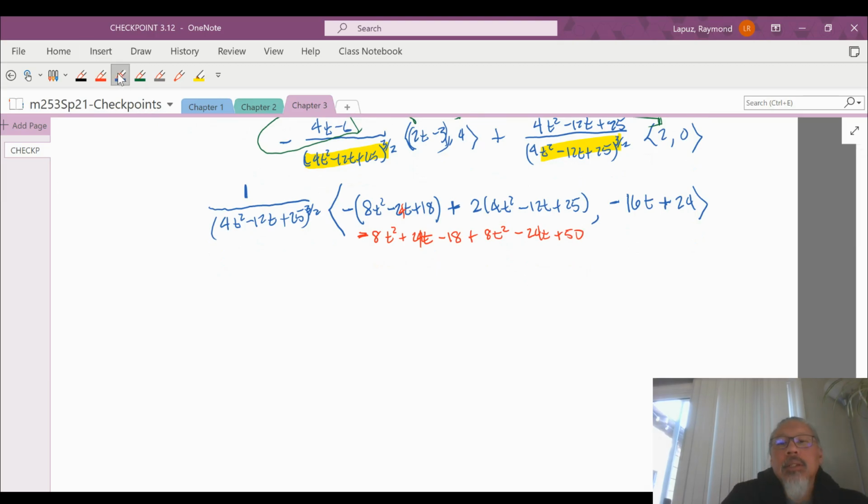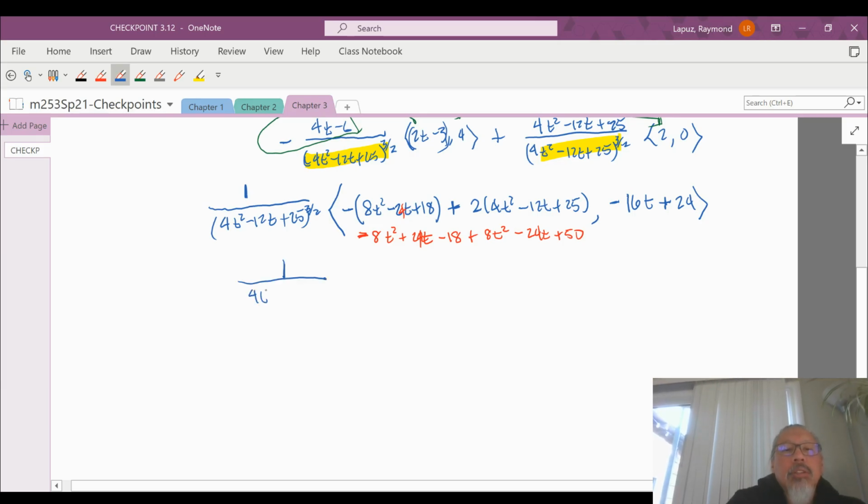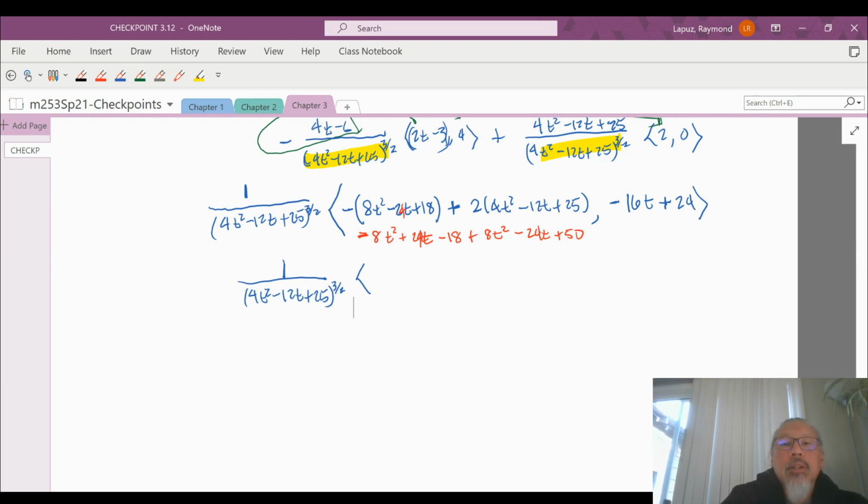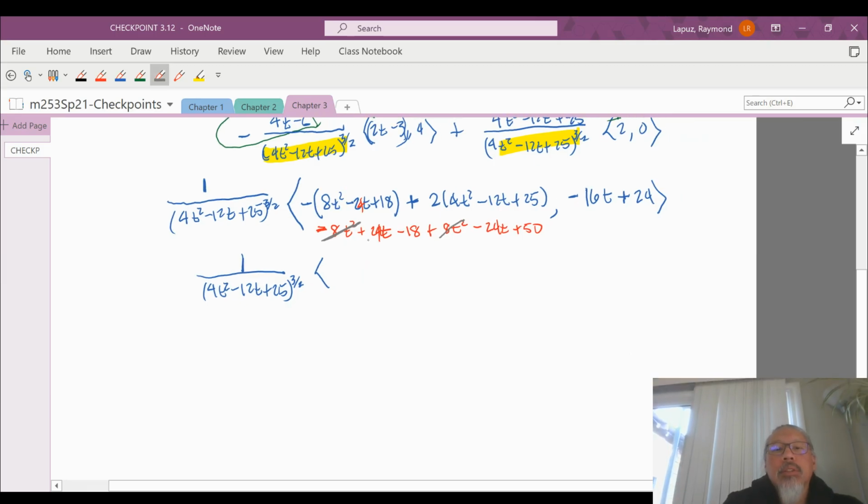Let's rewrite our constant out here, 4t squared minus 12t plus 25 to the 3/2 power, and then let's see what happened with the simplification. We got these two terms are like terms and opposite signs. We have another set of like terms and opposite signs, so it's just a 50 minus 18.